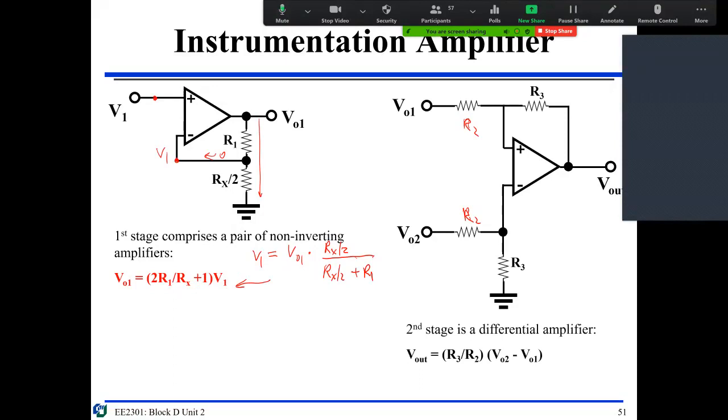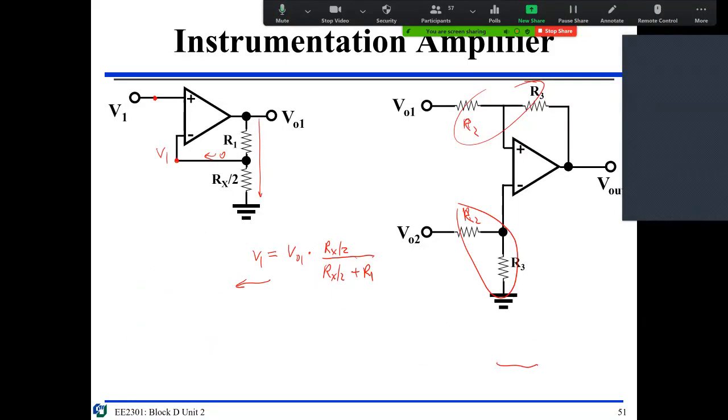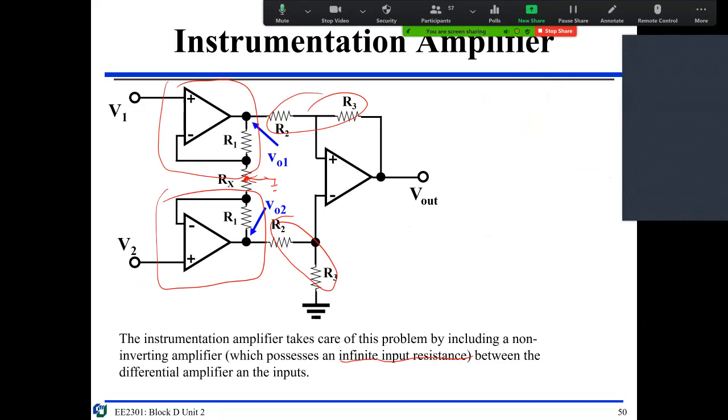So then you have a second stage. Second stage is VO2 minus VO1. We have derived this one before because these are symmetric, okay? So then we just insert VO1 in here. Let's check VO2. So VO2 is just opposite, right?